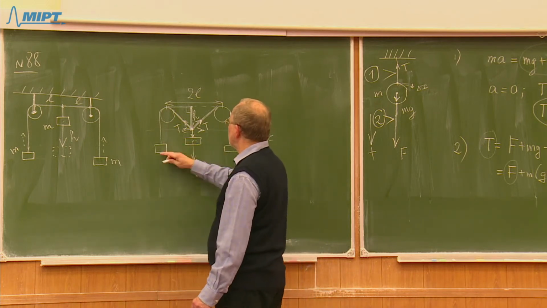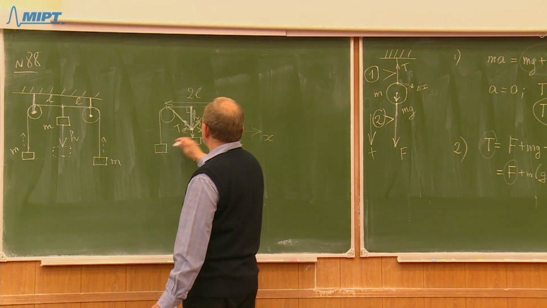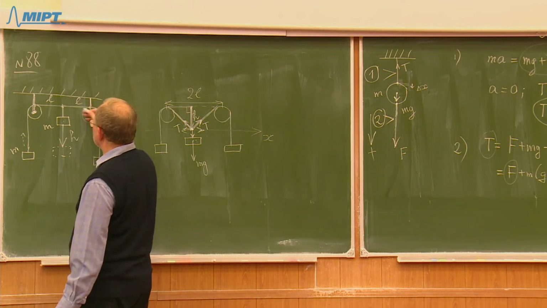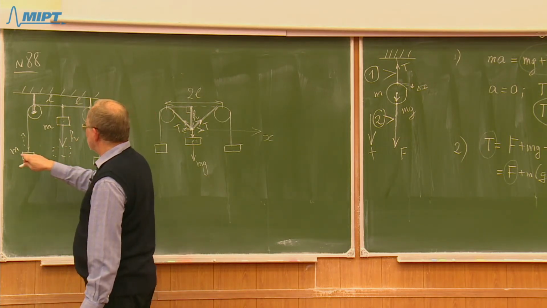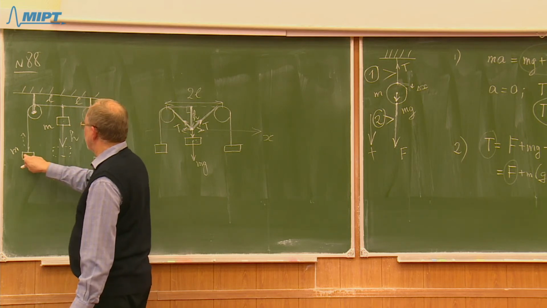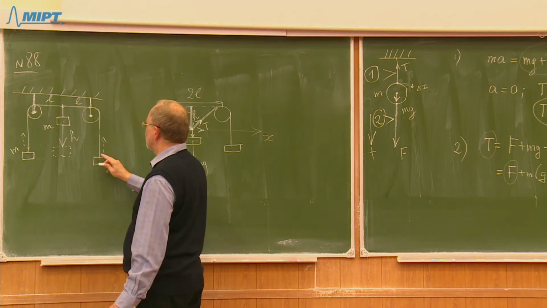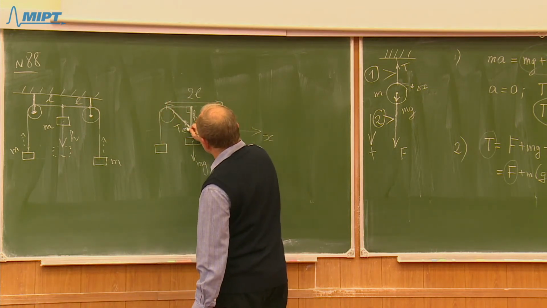And as there is a symmetry in this problem, we have two identical sides. The left-hand side and the right-hand side are identical. No weight is better than the other. This weight has the same rights in this problem as this weight. It means that the angles must be equal.